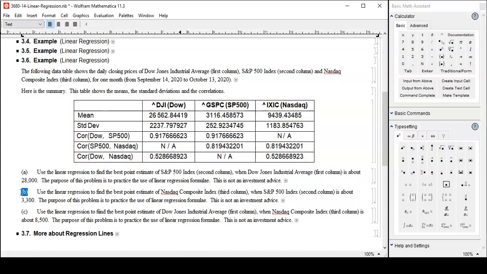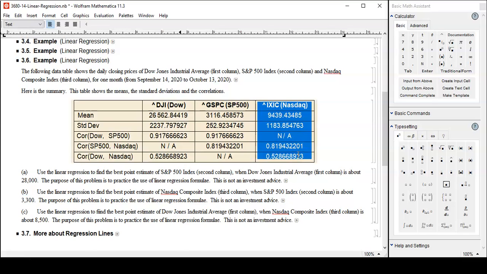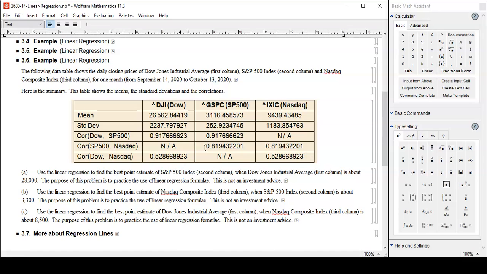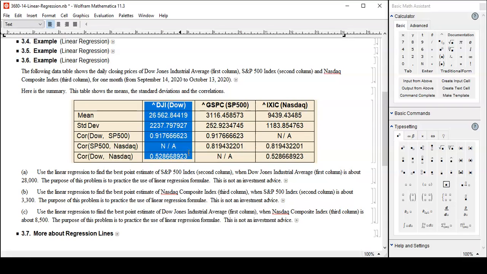Now, for part B, use linear regression to estimate NASDAQ when S&P 500 is known. So S&P 500 is known, that's X, and this is Y. We have to use this correlation, and that doesn't include Dow. And the third, when NASDAQ is known and the Dow is unknown, so this is X, and now that's Y.